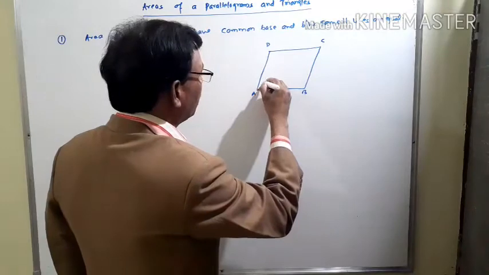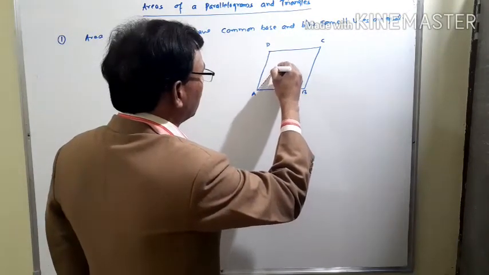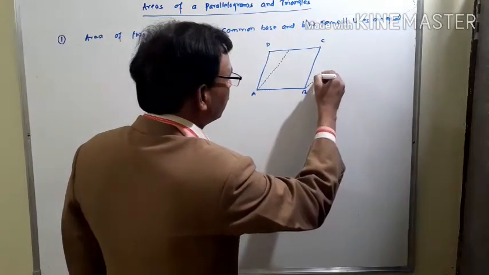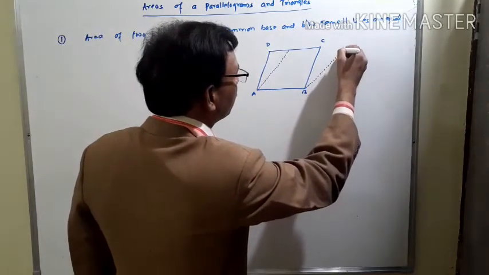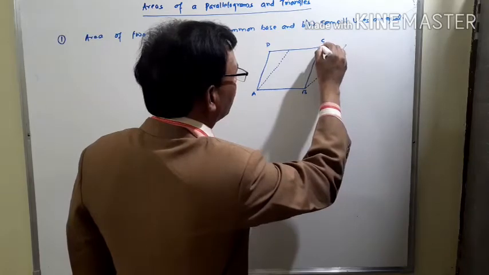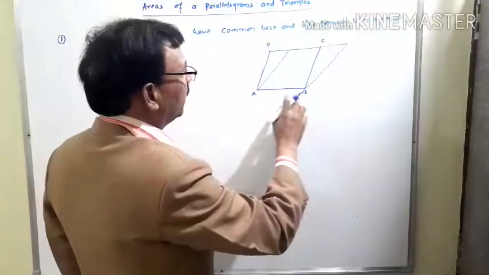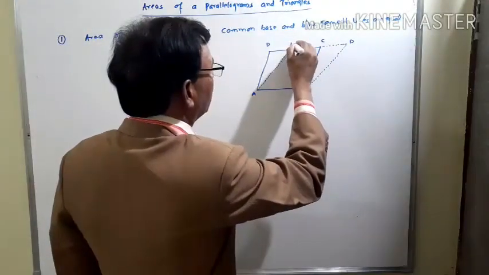Suppose another parallelogram like this, produce DC, and name it ABEF.